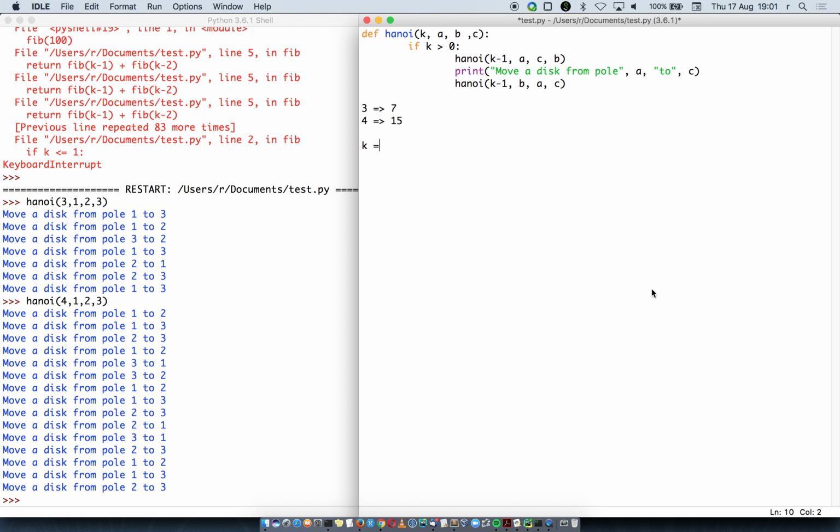For k disks, we have 2 to the power of k, minus 1. Check that it's true. It's always important to figure out how fast a program would work, and we're going to touch on that at some point. But it's good to get into the habit of checking.